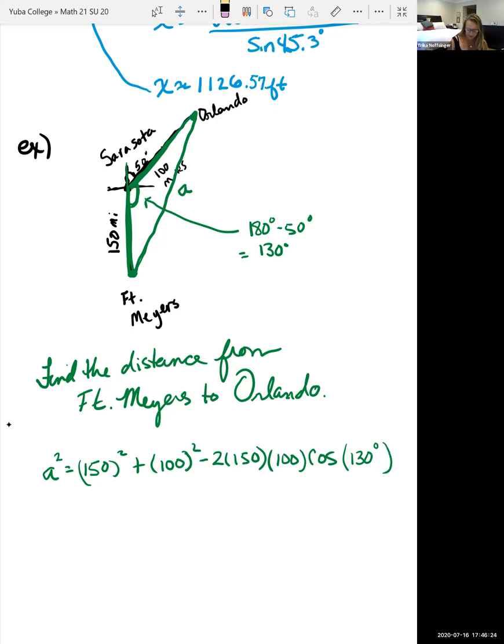Okay, so we have A squared is equal to 150 squared. Well, 15 times 15 is 225 plus 2 more zeros, so that's 22,500, plus 100 squared, so there's 4 zeros, that's 10,000, minus, well, 2 times 15 is 30, and then we have 3 more zeros, so 30,000 times cosine of 130 degrees. That's not one that we know, so I'm going to use my calculator.